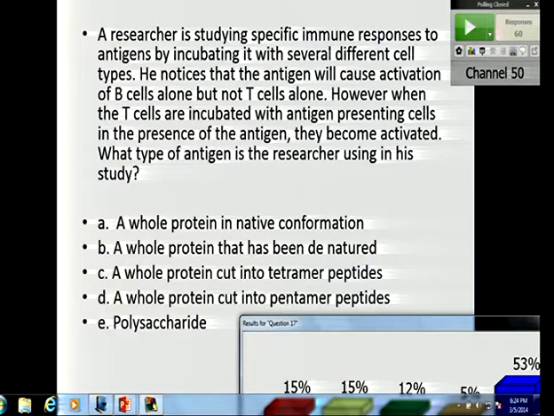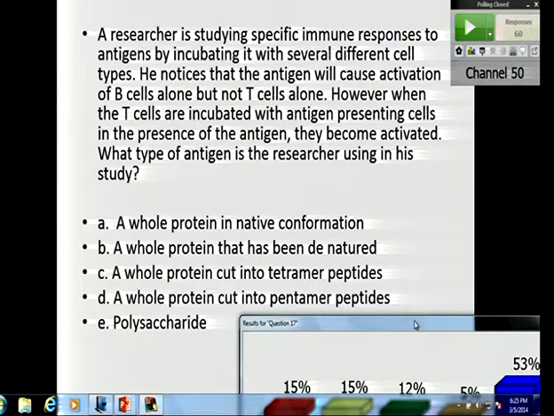A whole protein that has been denatured? Denatured proteins, no. Not a denatured one. Okay? So this question is just to clear the concept of antigen presenting.